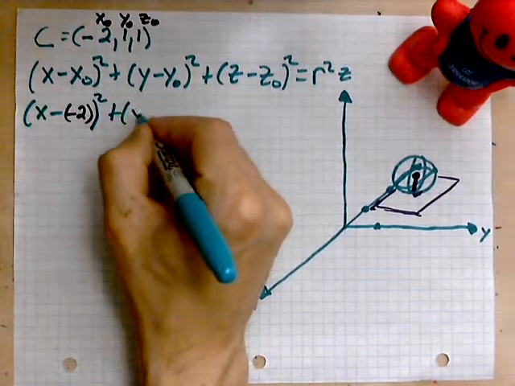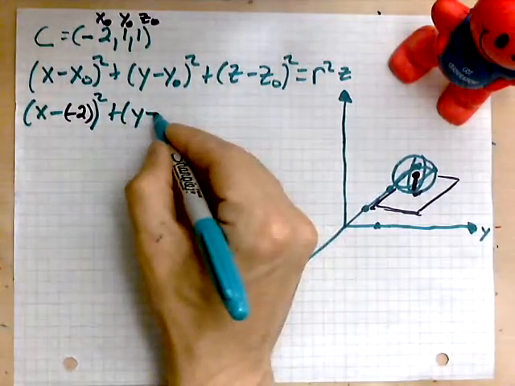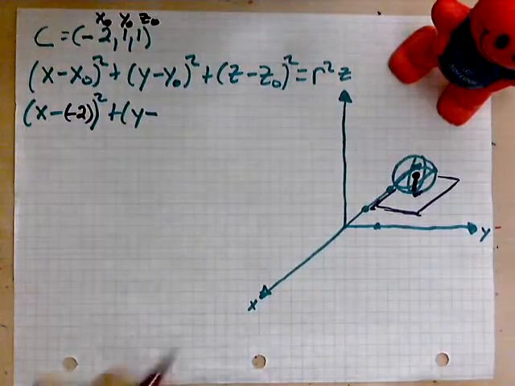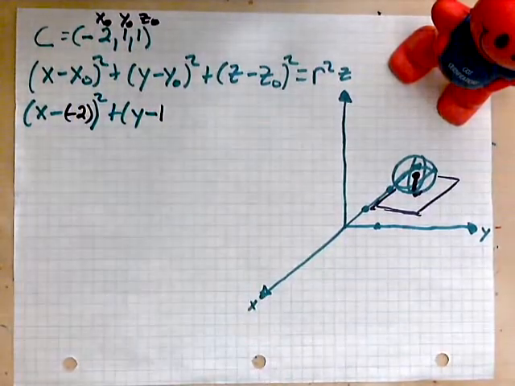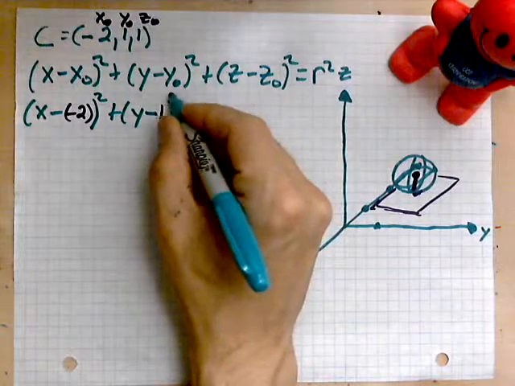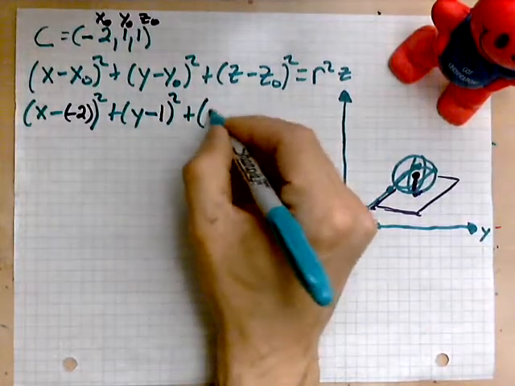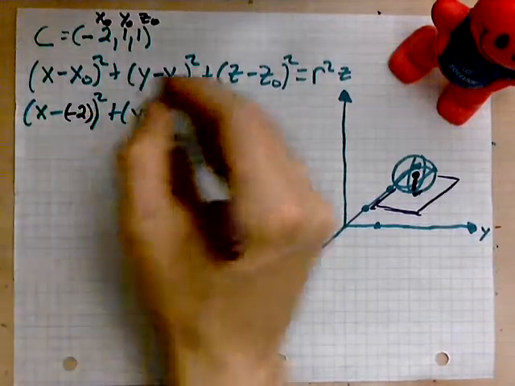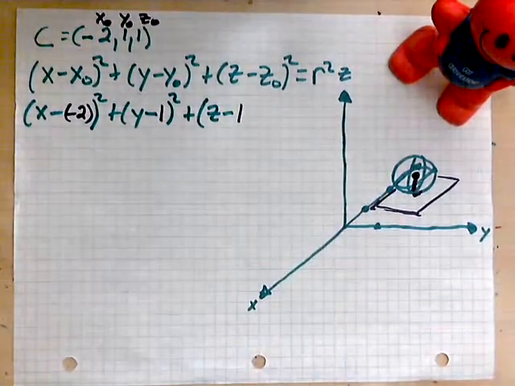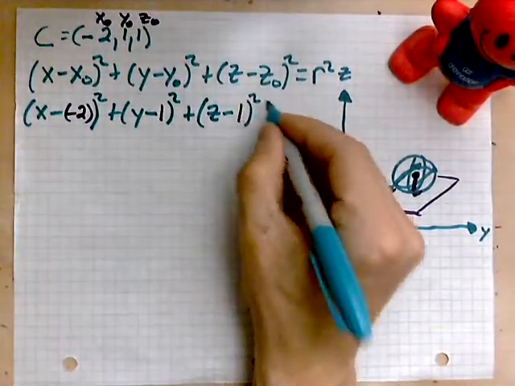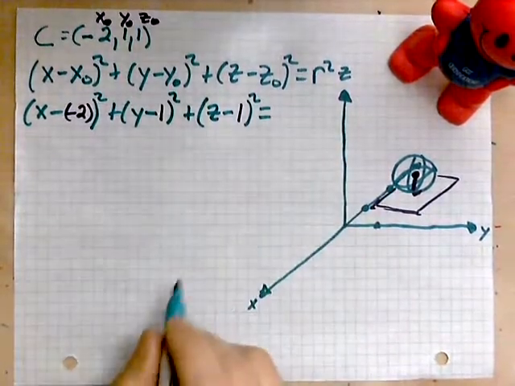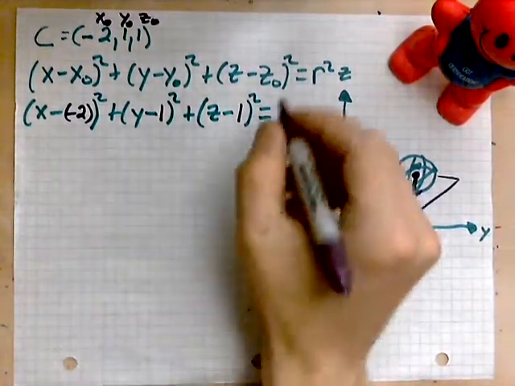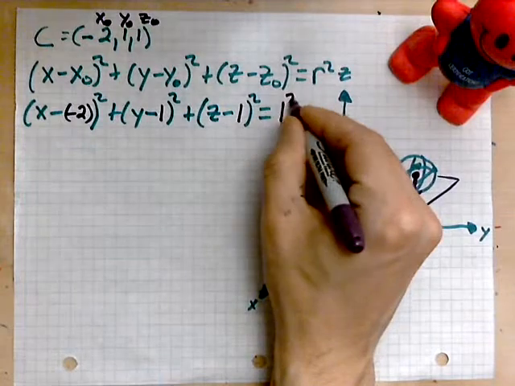Then we write y minus a +1, squared, plus z minus z0, so that's another positive 1, and the whole thing squared, and all of this equals 1 squared.